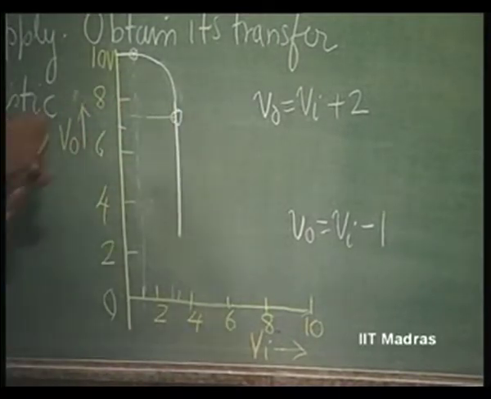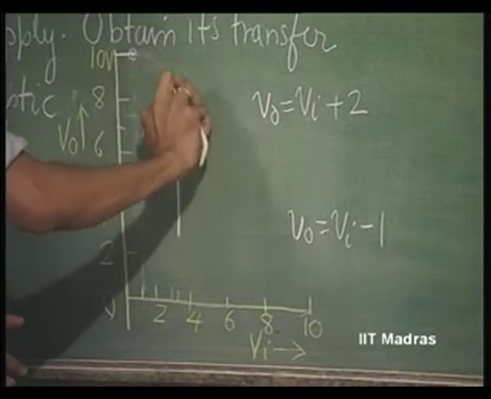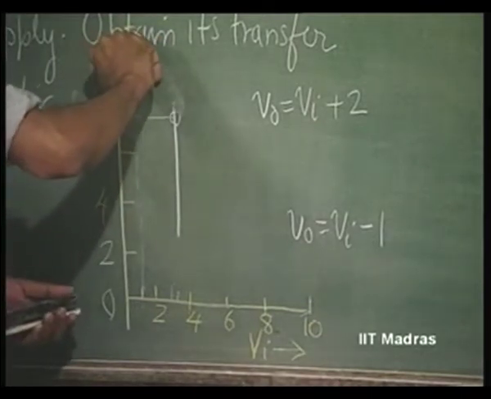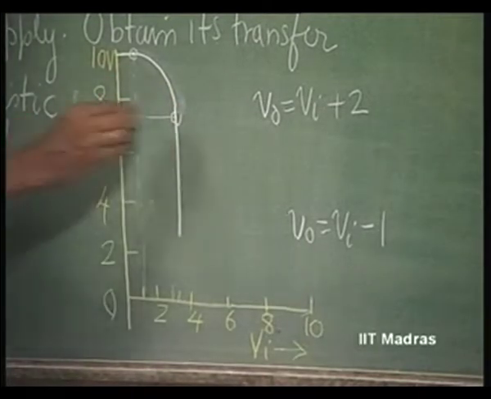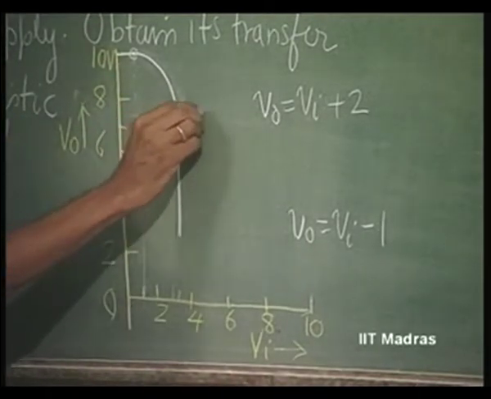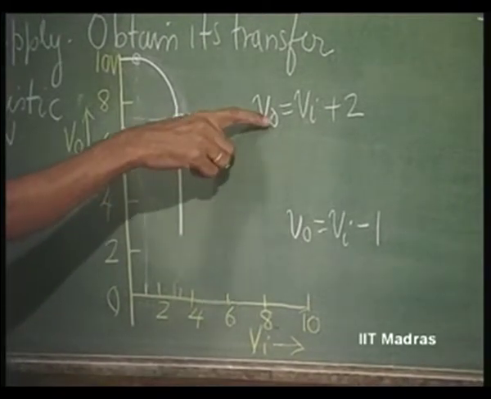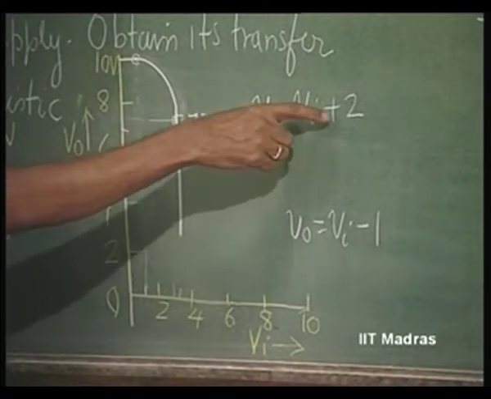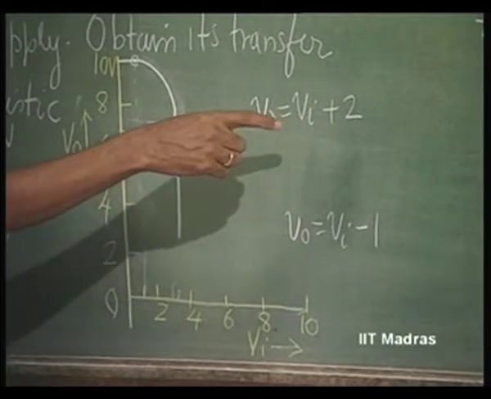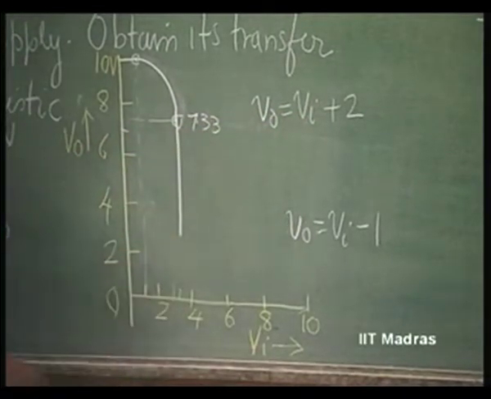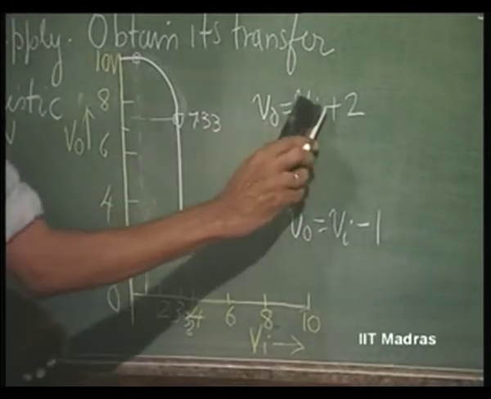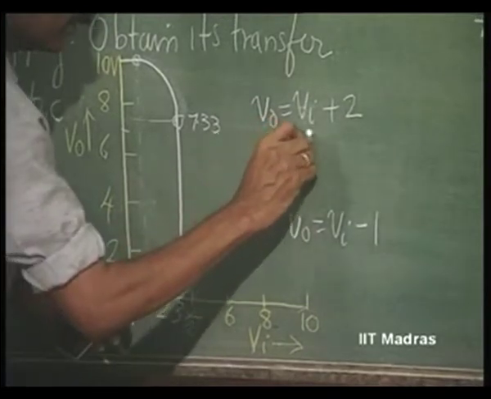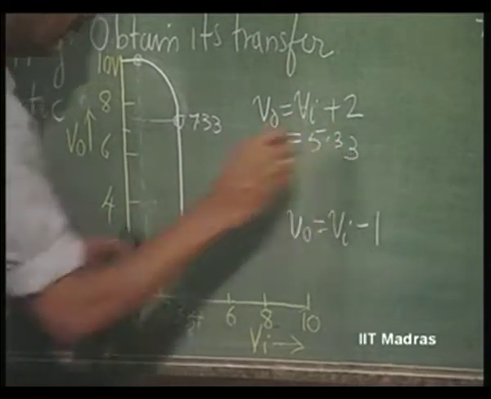So, you can see that from that point to this point, it is going to be a nonlinear curve. So, this corresponds to, sorry, V naught equal to 5.33. Vi is 3.33, this is 3.33 plus 2, that is 5.33, sorry.